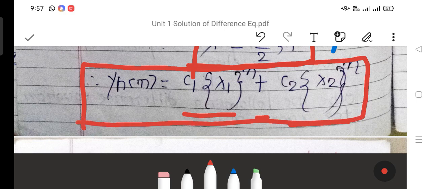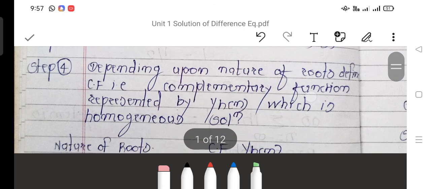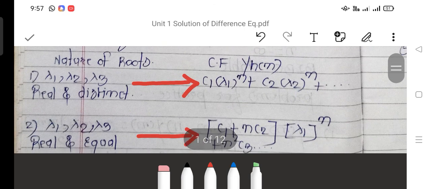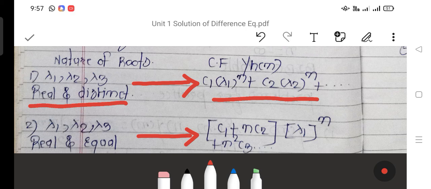For real and distinct roots, you can refer to the PDF file that I will upload. You will see the same thing there, or we can go back and see in this table, real and distinct: C1 lambda to the power n plus C2 lambda to the power n.